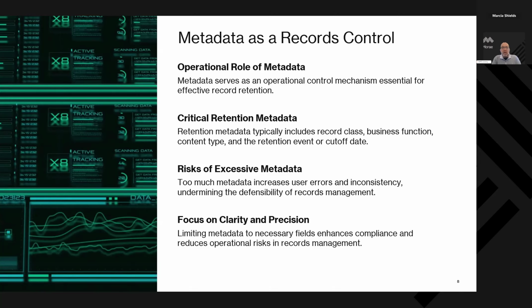Like if we're in the SharePoint world, content types are super helpful in helping us understand record types and things like that. And then our event or our cutoff date, right? What's going to start that clock?